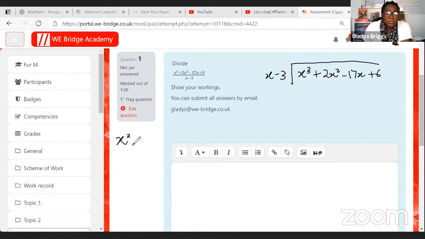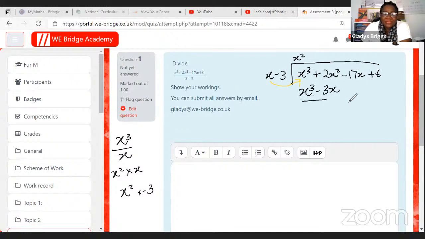So x cubed divided by x, we're looking at it one term after the other. This divided by this would be equal to x squared. x squared times x is x cubed, and x squared times negative 3 is negative 3x squared.